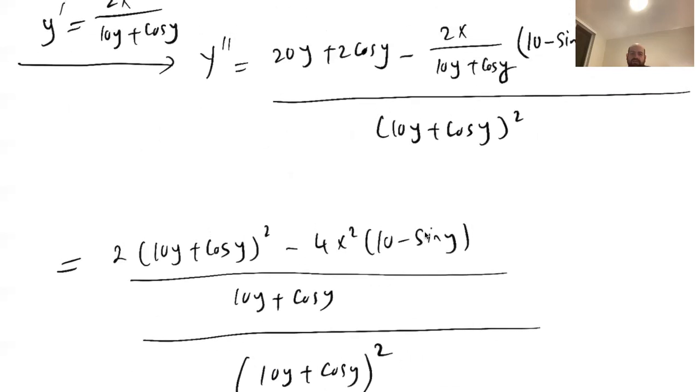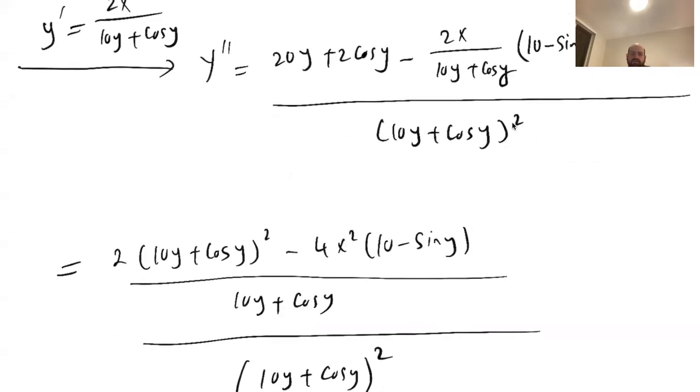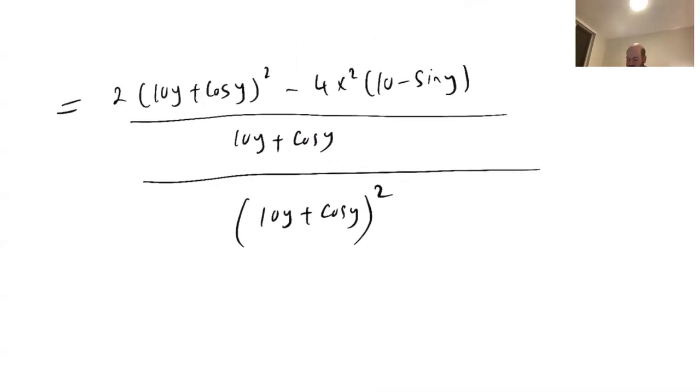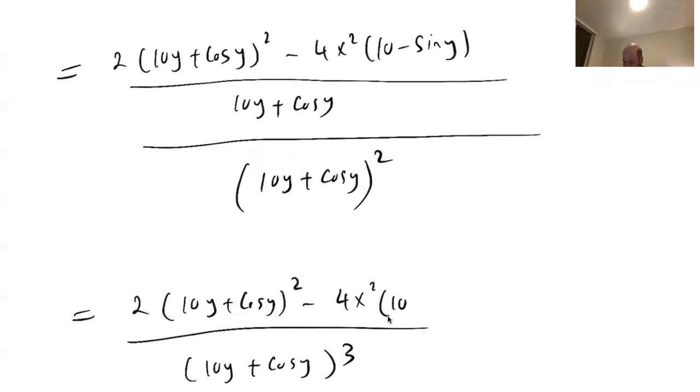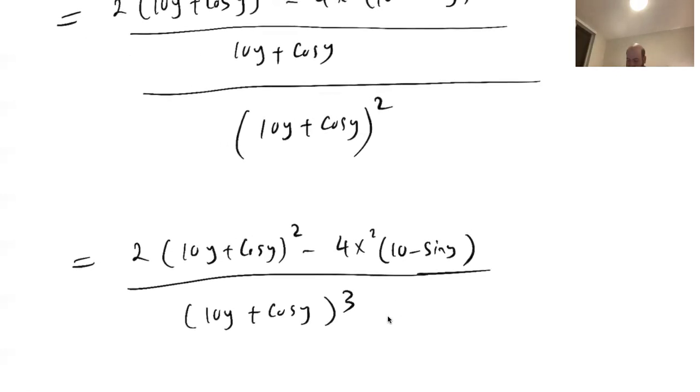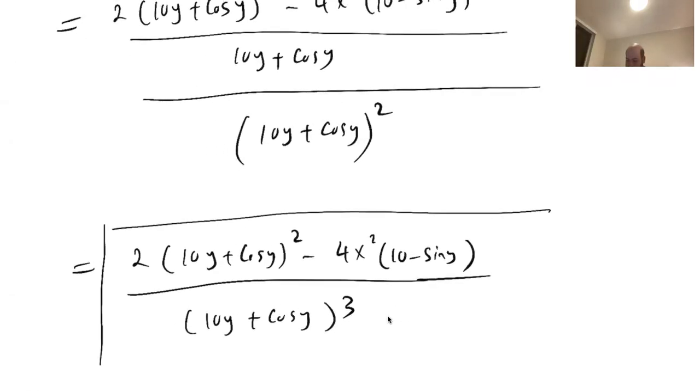And then the whole thing divided by 10y plus cos y to power 2. We can write it as 2 times 10y plus cos y squared minus 4x squared times 10 minus sine y, divided by 10y plus cos y to power 3, because there's power 1 and power 2, so it becomes power 3. And you can leave your answer like this.